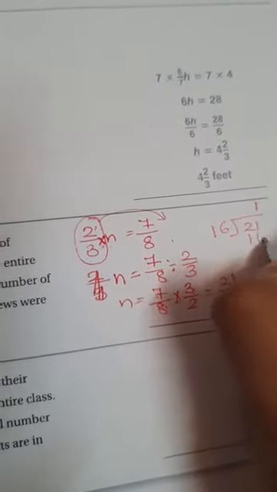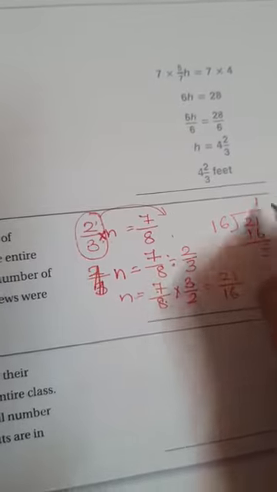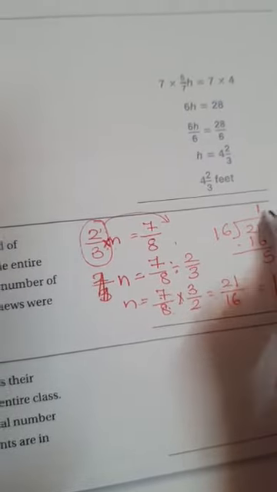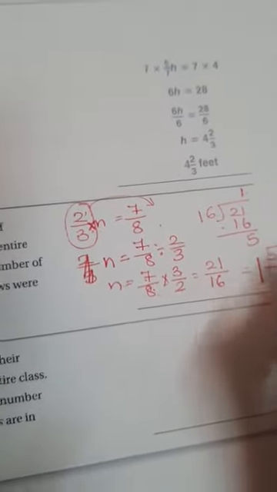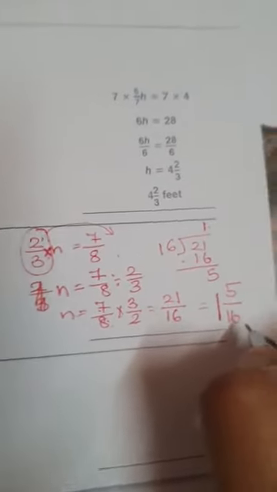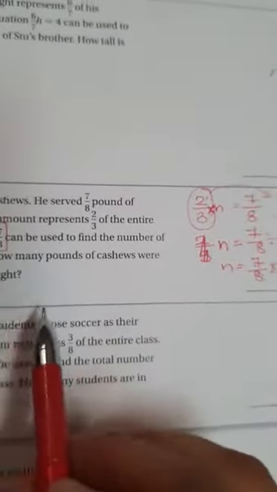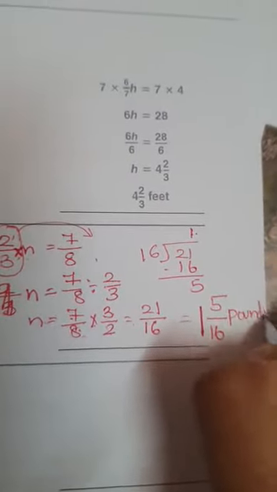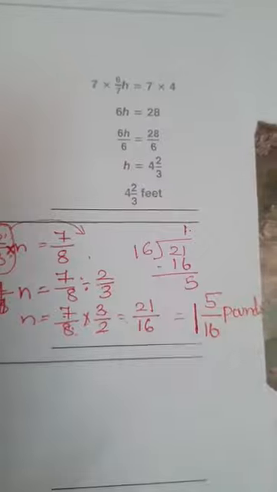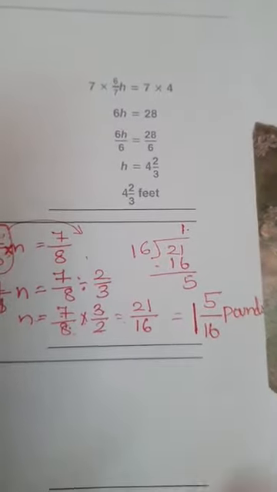So that's going to give us 1 whole, 5/16. Now how do we finish our answer? The question asks how many pounds, so 1 5/16 pounds. We cannot just leave 1 5/16. What is 1 5/16? We don't know, so we have to specify that word there.